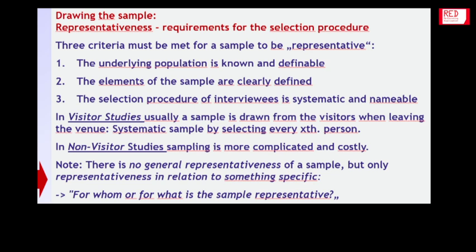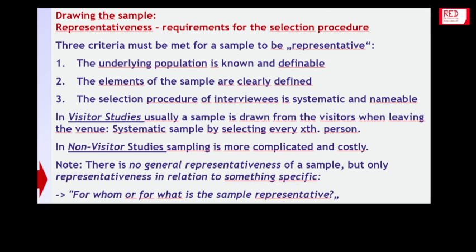Altogether, representative means that the sample is a very small picture of the underlying population where you draw the respondents from, which means we have the same distribution of age and education and gender and whatever in the population behind. We want to have this also in our sample.